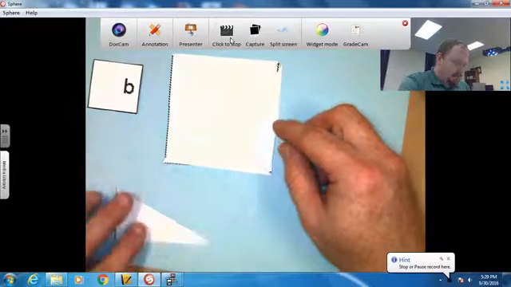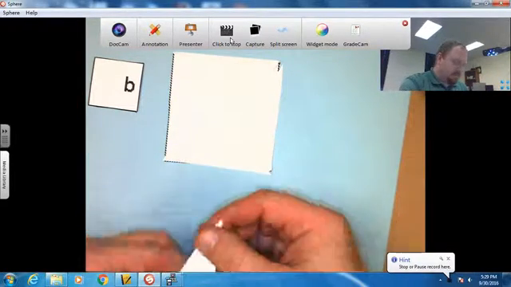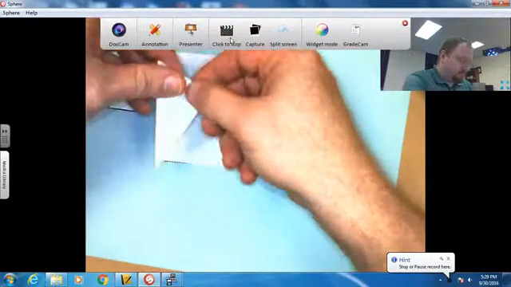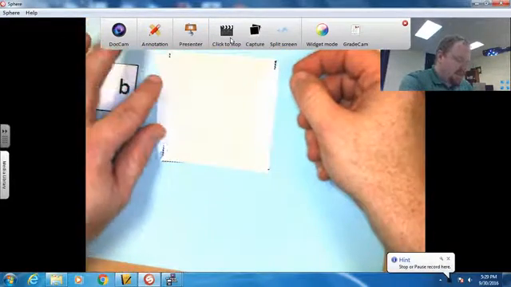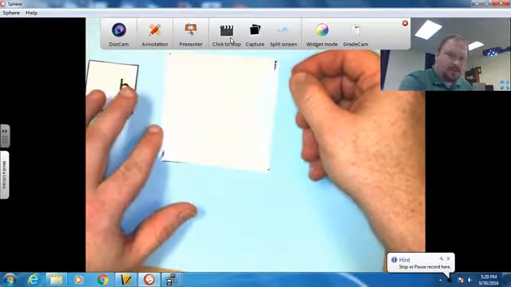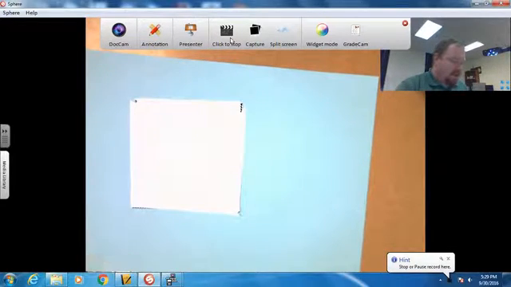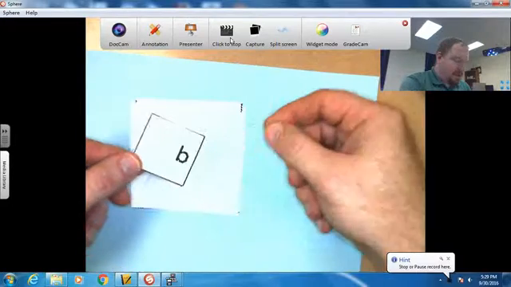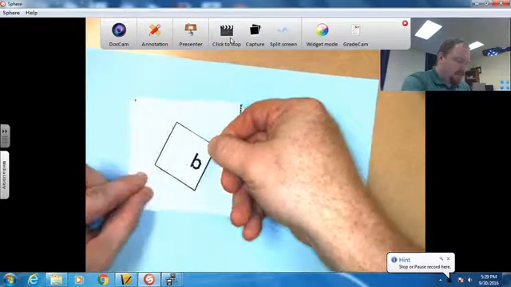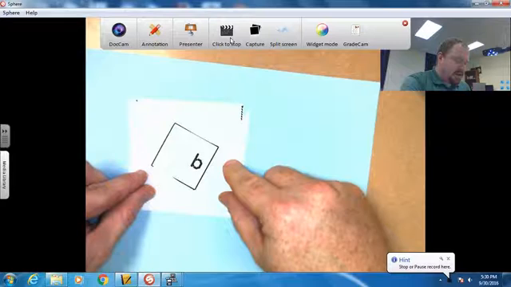Now when I do this, it leaves a gap right here in the middle, which you may not be able to see all that well. However, this little square for B fits perfectly right inside that opening.